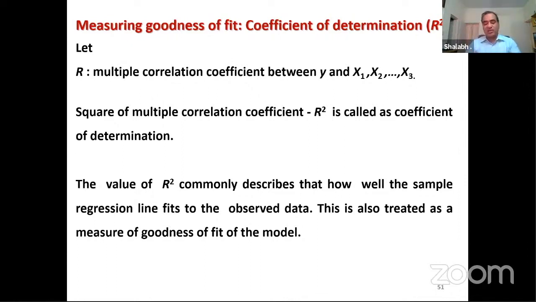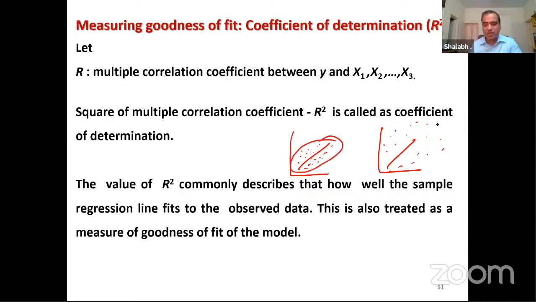So obviously, if you have a model like this, if I try to draw a picture here, like this one, and suppose the points are lying here like this, and there is another model, the same model, in which the data is like this. So obviously here the points are very, very close to the fitted line, and here the points are quite away from the fitted line.